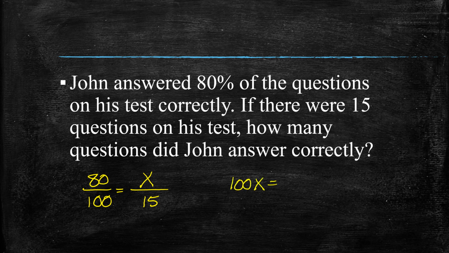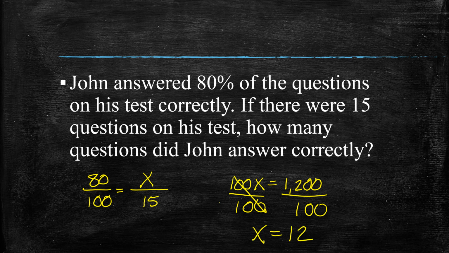And 15 times 80 equals 1200. We divide by 100 on both sides of our equation, and we get x equals 12. So if he had 15 questions and answered 80% correctly, then he answered 12 questions correctly.